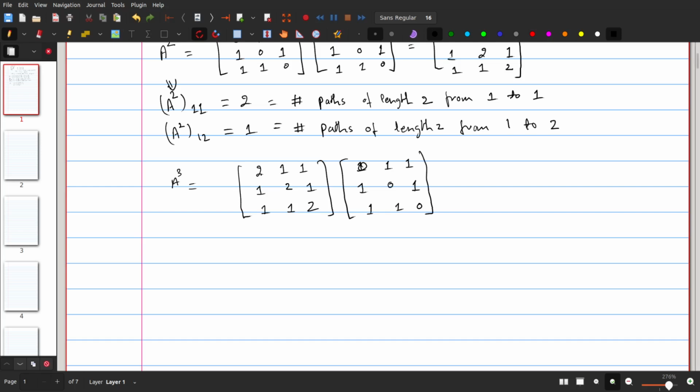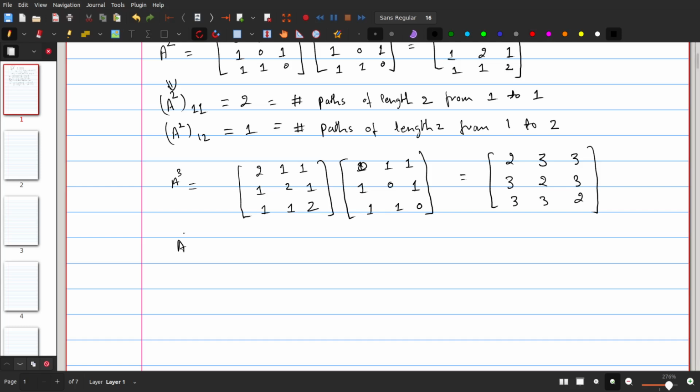So the first element will be, this row multiplied with the first column, 2. The element at position 1 2 will be this row multiplied with this column, which is 3. Then again 3, 3 2 3, 3 3 2.